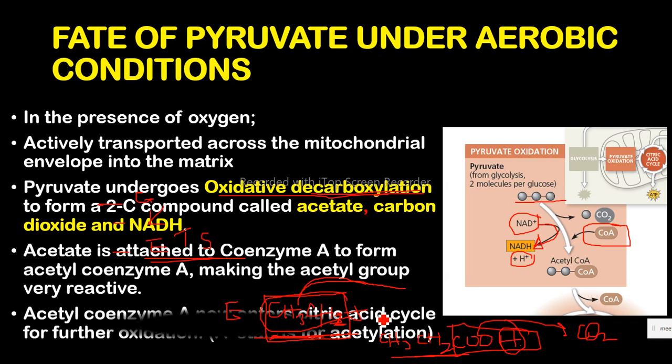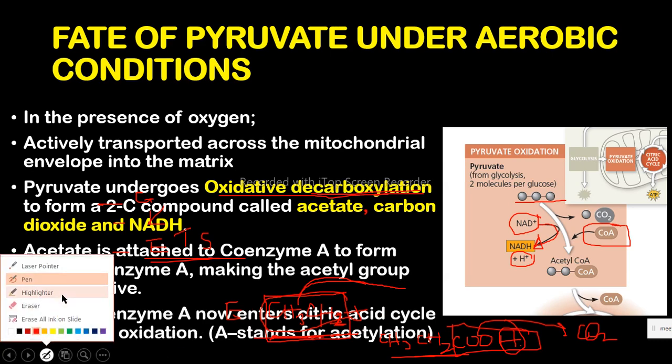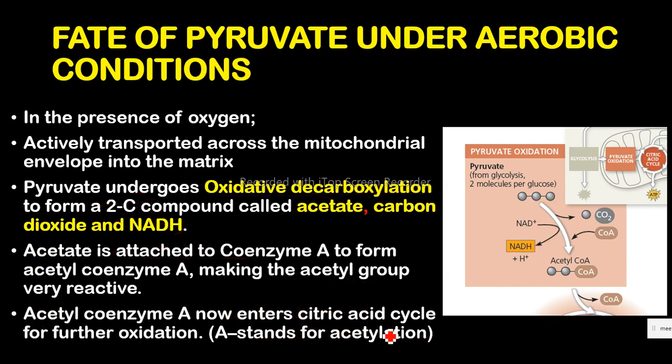Yes. Now, what happens with these metabolic poisons? Let me talk about them because you might find it somewhere. Some of them are non-competitive inhibitors, such as mercury, cyanide, and those heavy metals.